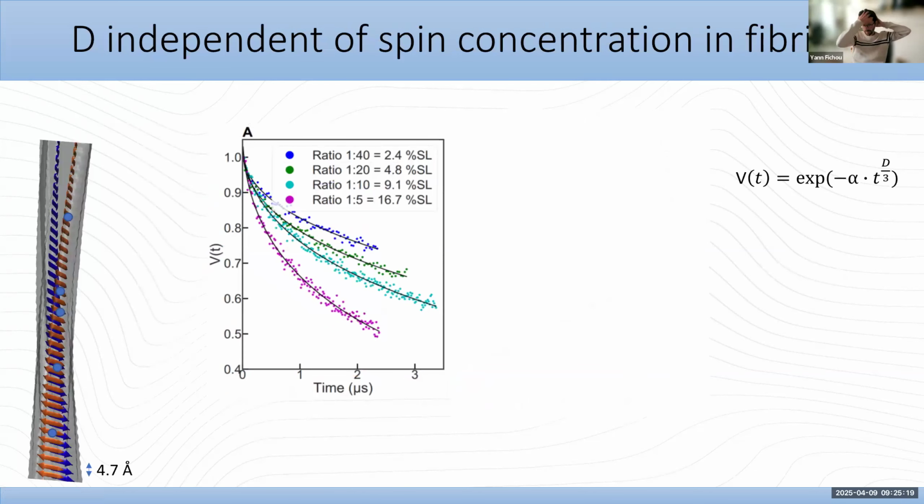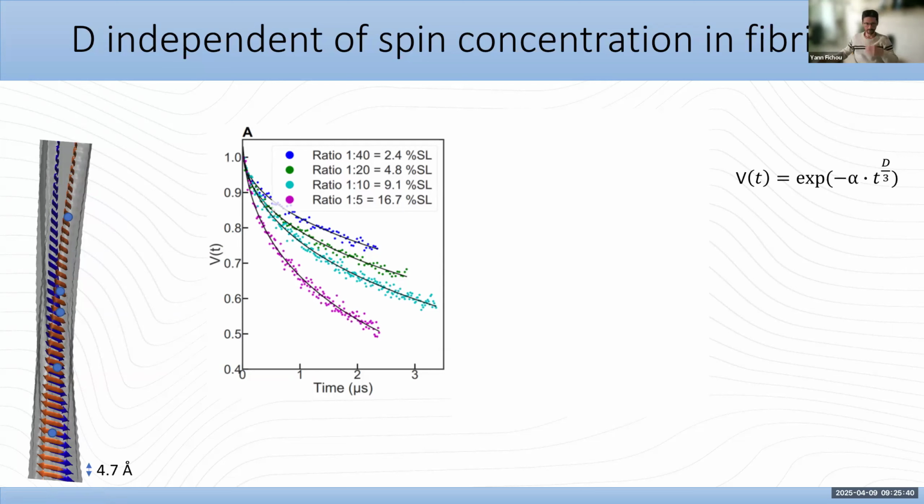So now let's go back to our system of interest. It's an amyloid. As I said, what we do here is we mix labeled protein with many more unlabeled protein, so we know those two are incorporated. That's what I showed you even with the CW. We know they're incorporated together.